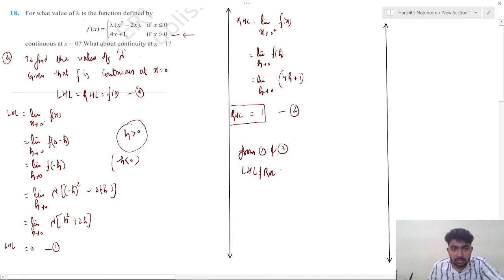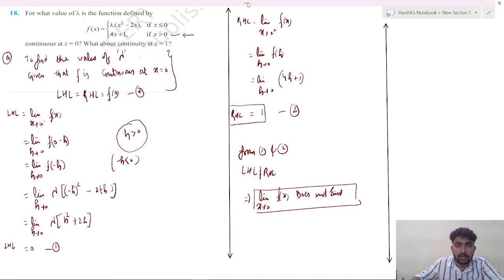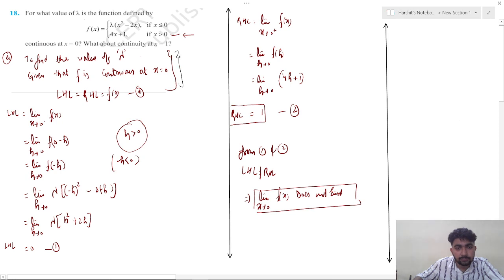So it means that limit x tends to 0 of f of x does not exist. Here we observe that we need to find the value of lambda given that the function f is continuous.